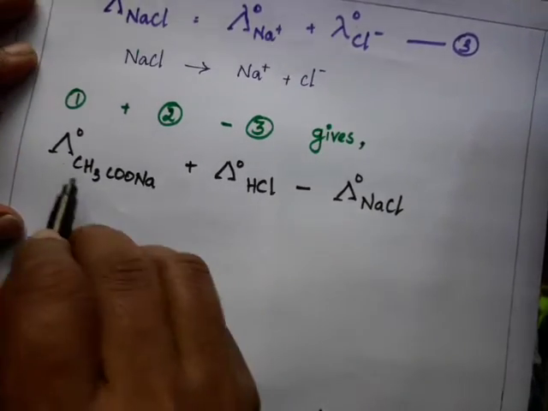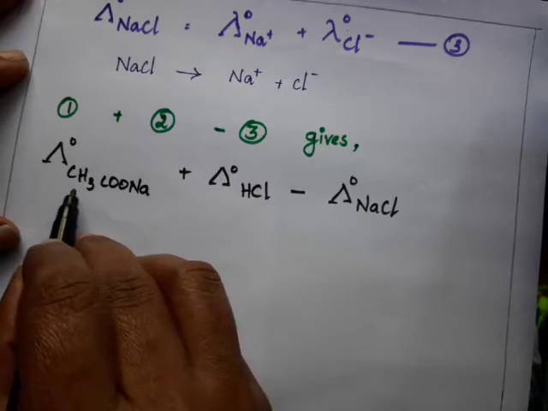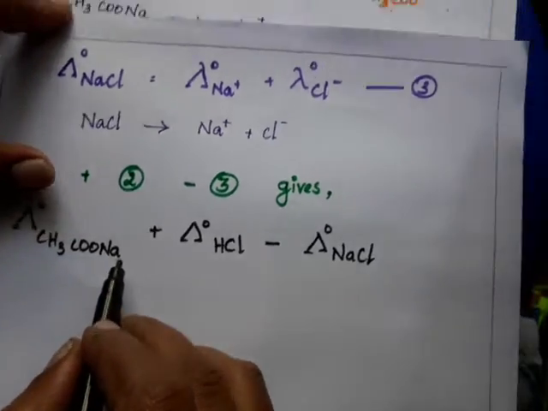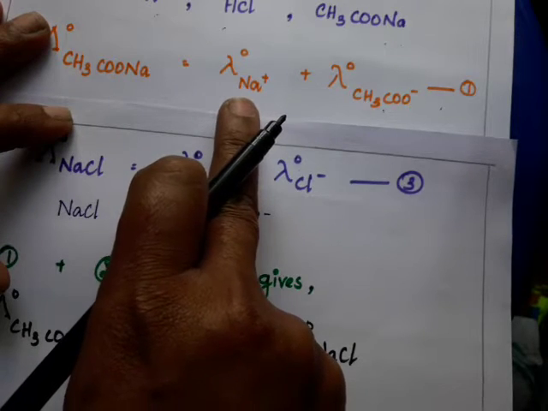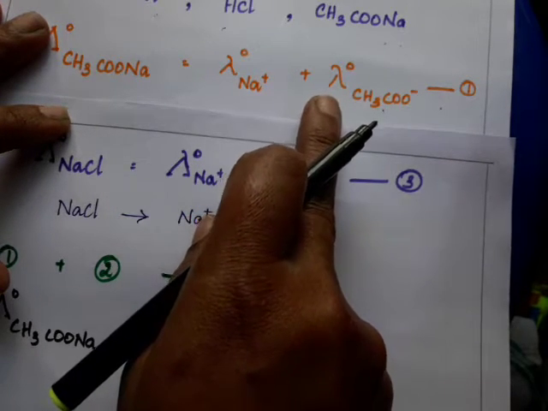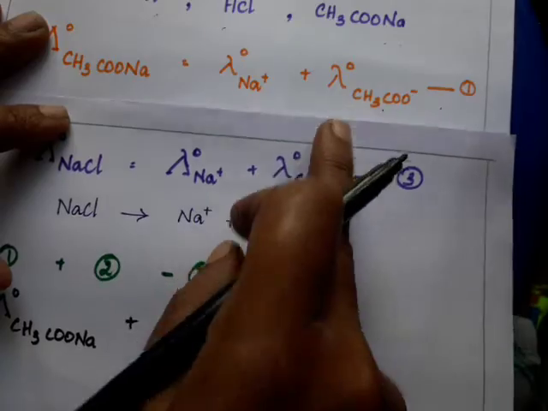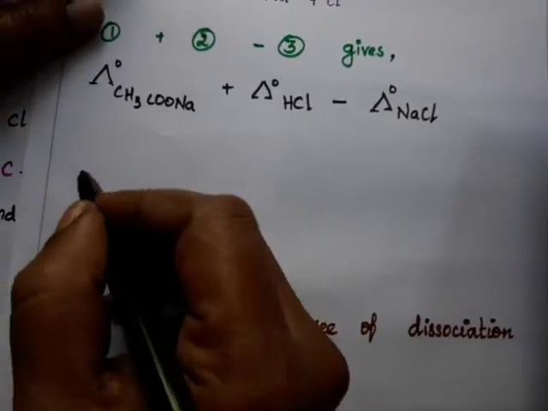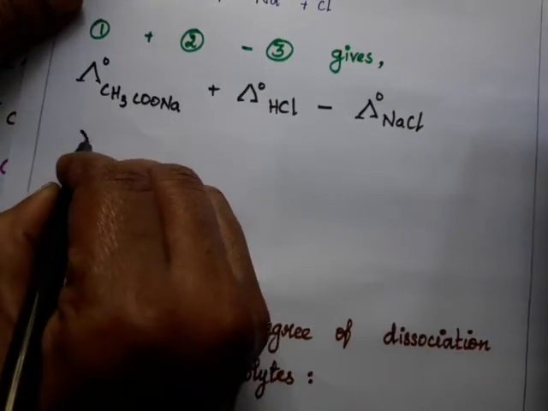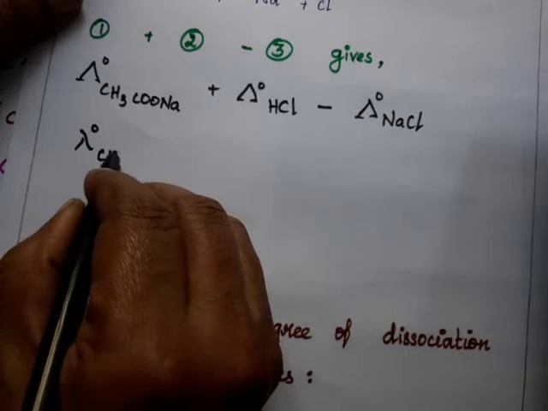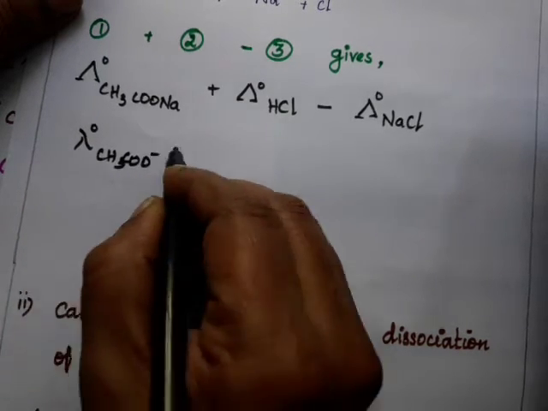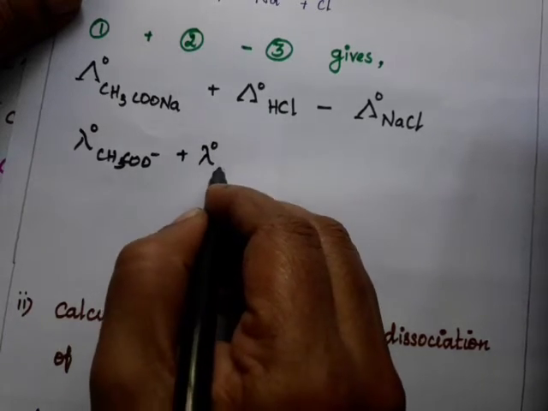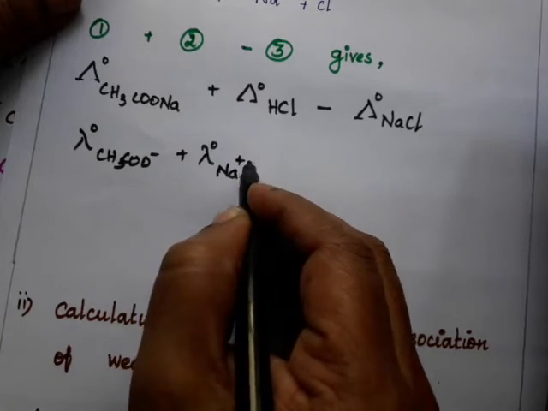Let me find out what it gives. First, the limiting molar conductance of CH3COONa is equal to lambda naught Na plus and lambda naught CH3COO minus. Let me substitute the values. So now we get the limiting molar conductance of CH3COO minus plus the limiting molar conductance of Na plus, right?